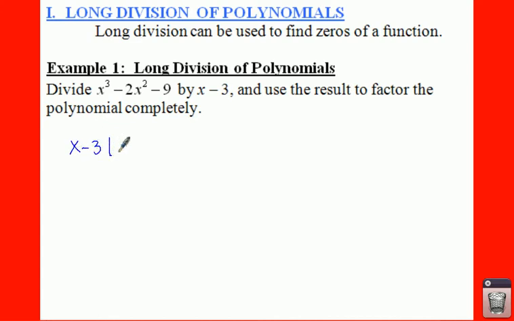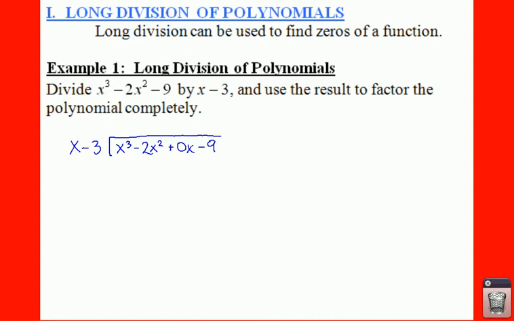and then underneath we're going to have your x to the third minus 2x squared. Now the problem is we're going x to the third, x squared. We don't have an x to the first, so you need to put in a placeholder and then put minus 9.